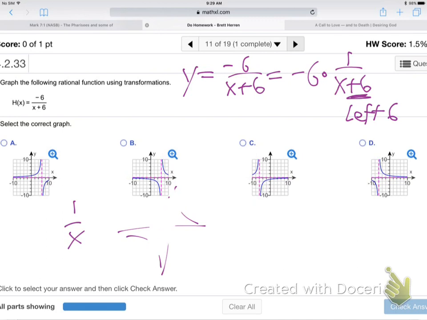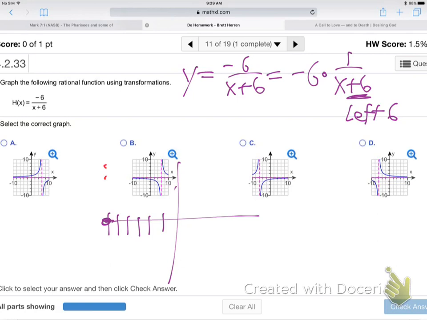So let's grab them crosshairs and go left 6. So 1, 2, 3, 4, 5, 6, right here. So that's where it's going to go. Like that. Good so far?